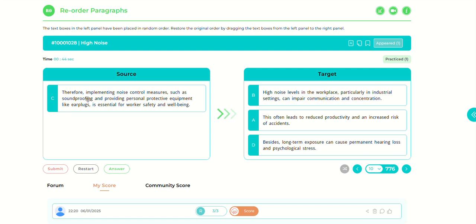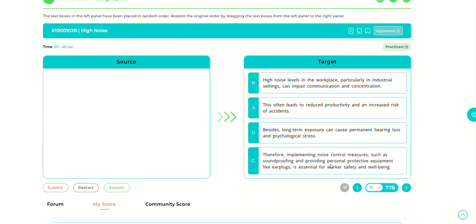Okay. "Therefore, implementing..." I think that is it. This is the first one. Second, "This often leads to reduced..." Besides, so here we can review this point. Does besides come second or third?